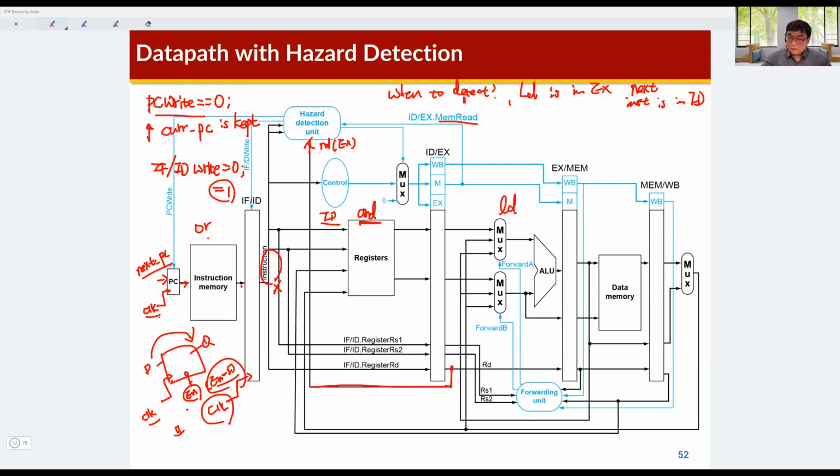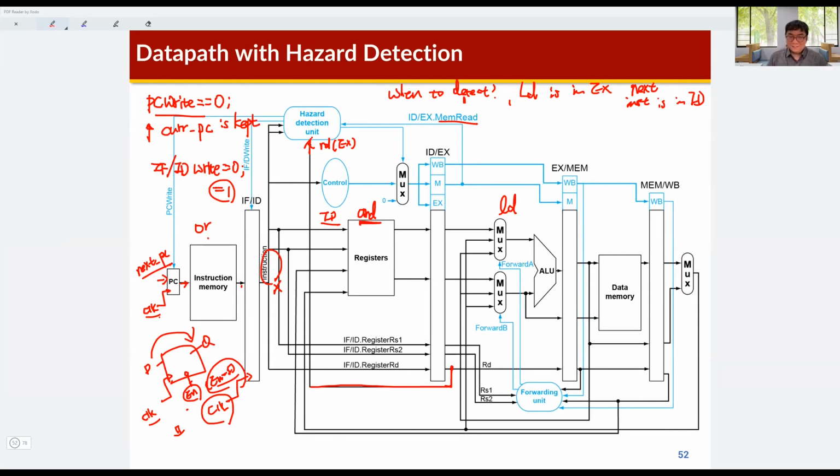So I explained how to keep the instruction fetch stage and the instruction decoding stage. In order to keep the instruction fetch stage, we can just make PC write 0, and in order to keep the ID stage, we can make the IF/ID write signal 0.